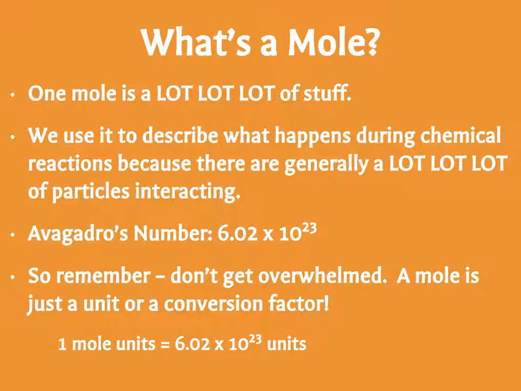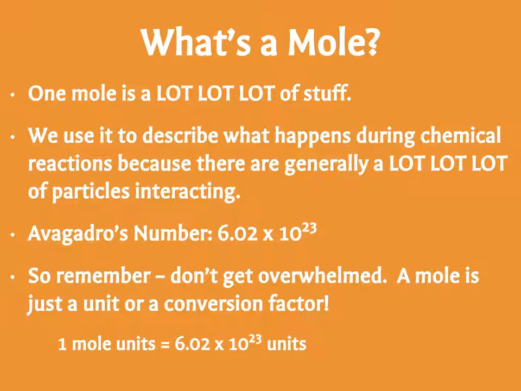So why does this even matter to us? Well, usually when we're observing stuff like a chemical reaction, that's on a macroscopic scale. So it's involving things like atoms that we can't see just by using our eyes. What we have going on in lab is really so many atoms that you could never count them as they interact.